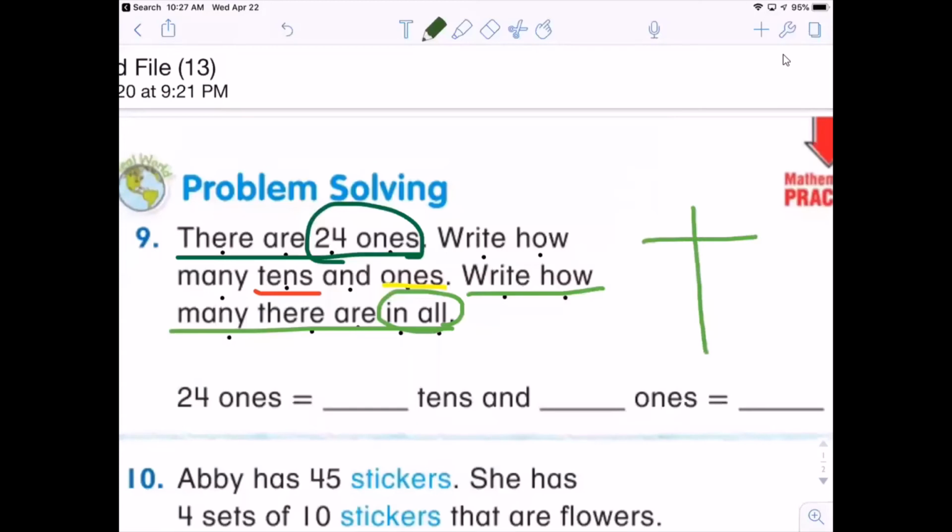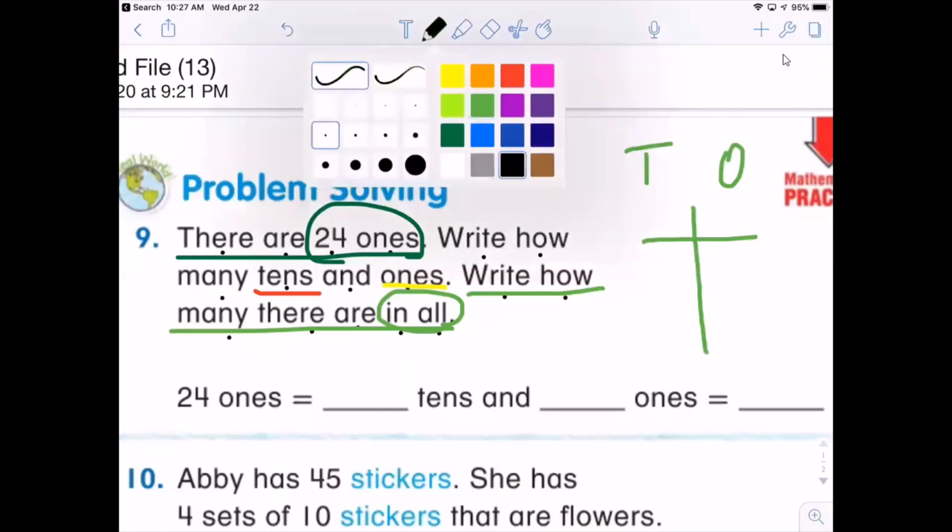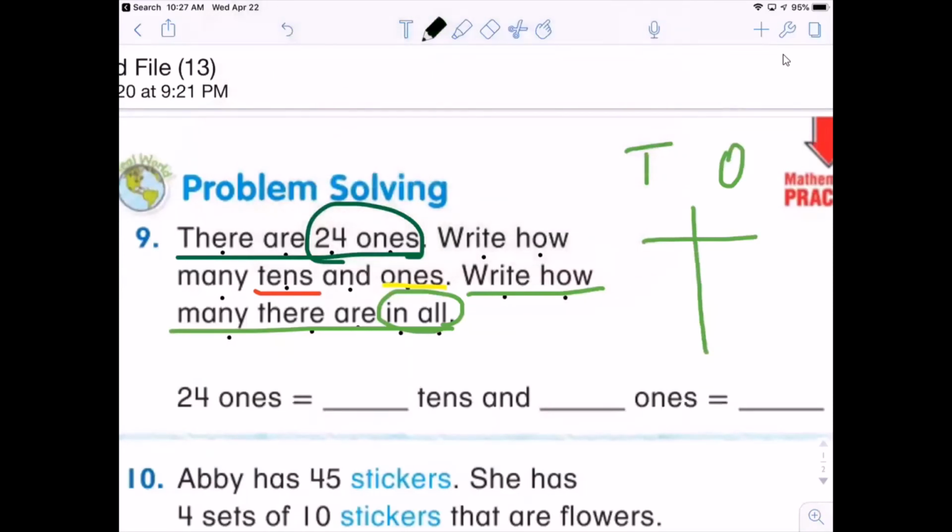Okay. The T chart, on top, I would write the T for tens and the O for ones, okay? Then my number, I know it's 24. But before I do that, I need to color code.